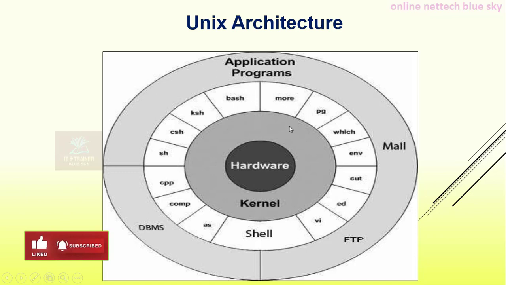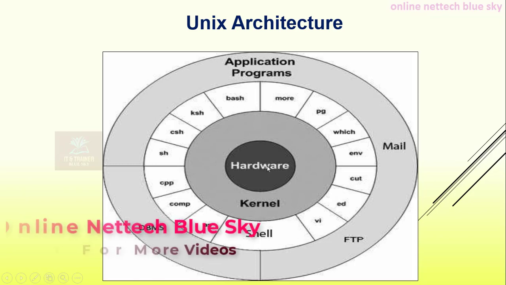This is the Linux system. First you can see the hardware here. Hardware means your hard disk, RAM, CPU, motherboard, and other types of switches, and importantly, data is stored on the hard disk.